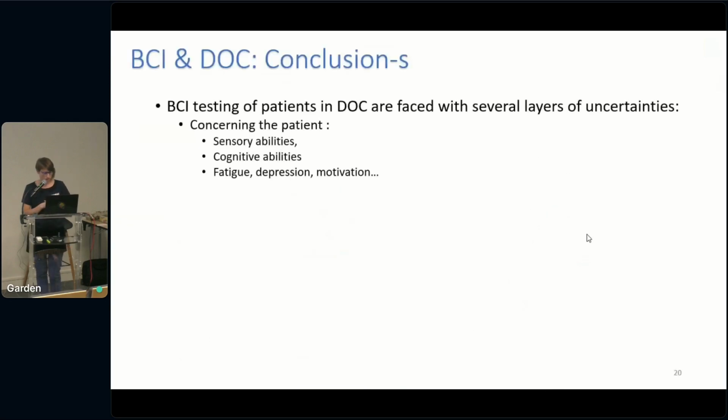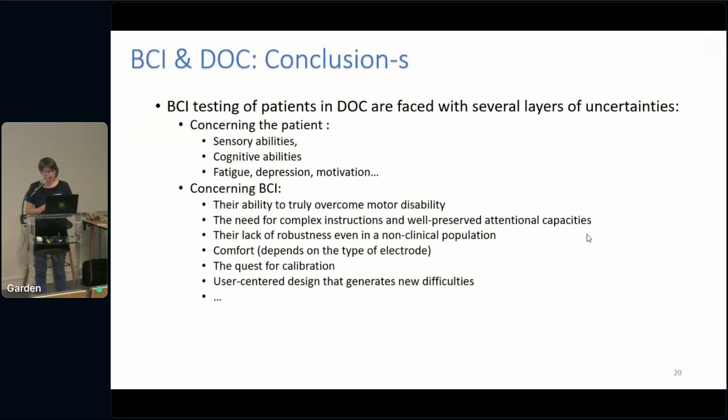So some conclusions. BCI testing of patients in disorders of consciousness is faced with several layers of uncertainties. So some doubts concerning the sensory abilities, the cognitive abilities, fatigue, depression, motivation, the same for all paradigms and behavioral assessment.